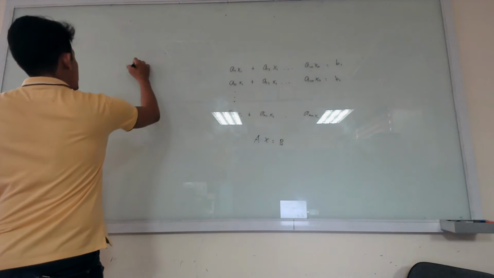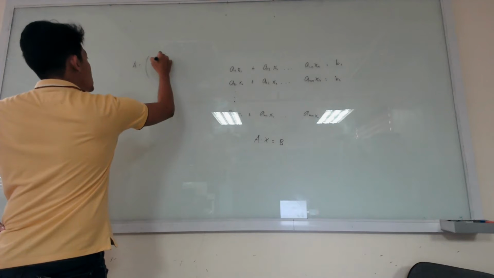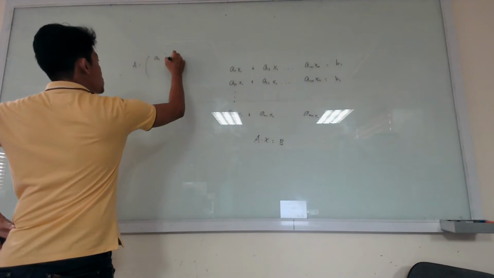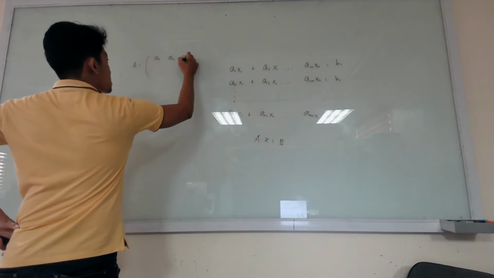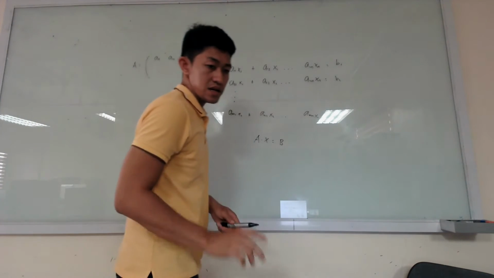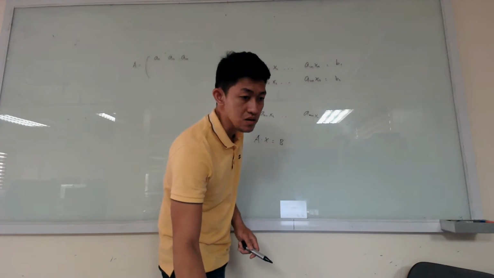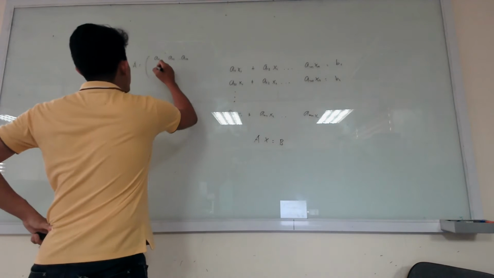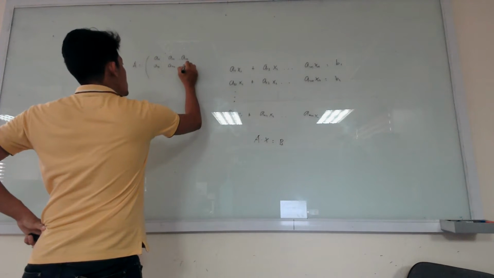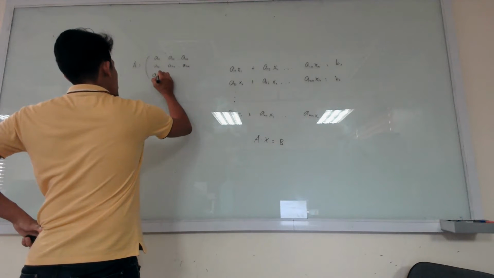A is just equal to a11, a12, up to a1n, and then a21, a22, up to am1.